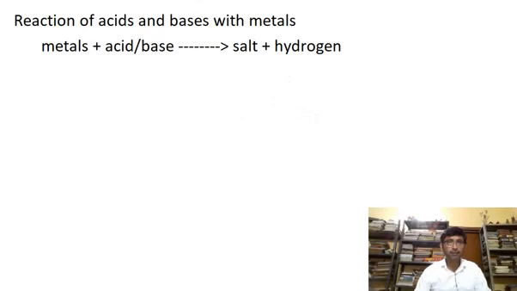So here we shall take the example of a reaction between hydrochloric acid. Suppose here we have some hydrochloric acid, and inside this we are going to put some strips of magnesium.